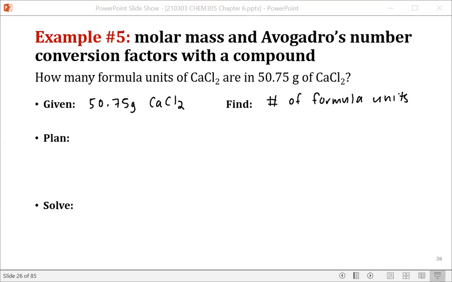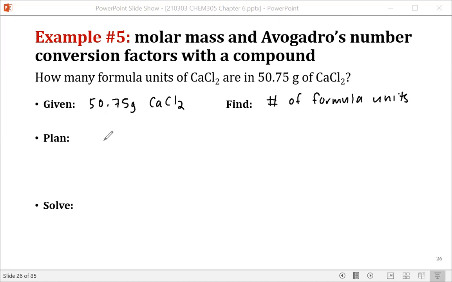So this is a problem where we're not going to be able to just do a one-step conversion. We're starting from grams and we want to get all the way to number of formula units. And we know that when we're dealing with number of units, we're going to have to be using Avogadro's number to get there, but we're starting with grams.